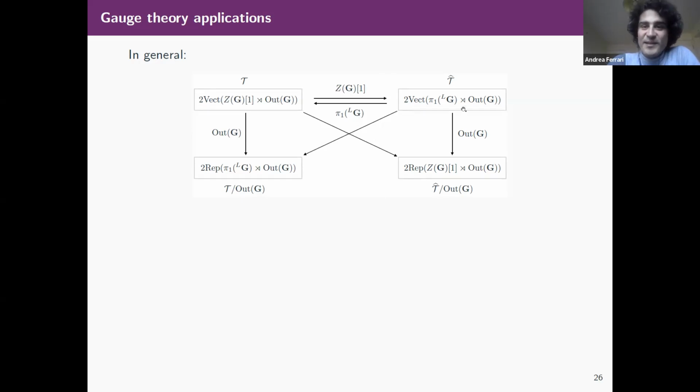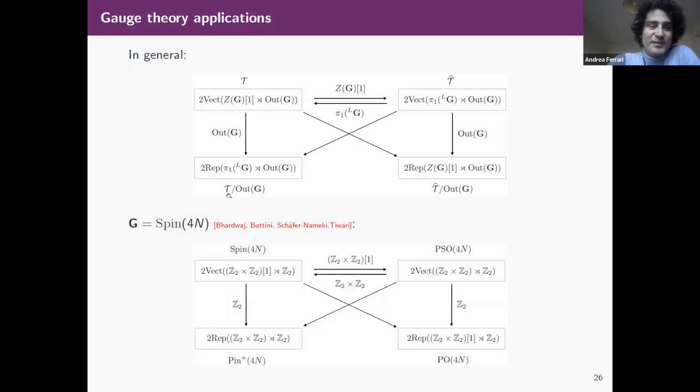We can gauge the center and gain a magnetic one-form symmetry, or we can gauge the outer automorphism and go down here. In particular, the symmetry categories that we get are the 2-representations of Z, Out(G), and so on down here, and 2-Rep of this combination in this corner here. As an example, we can take Spin(4n). This is an example that was considered in a paper by these people here.